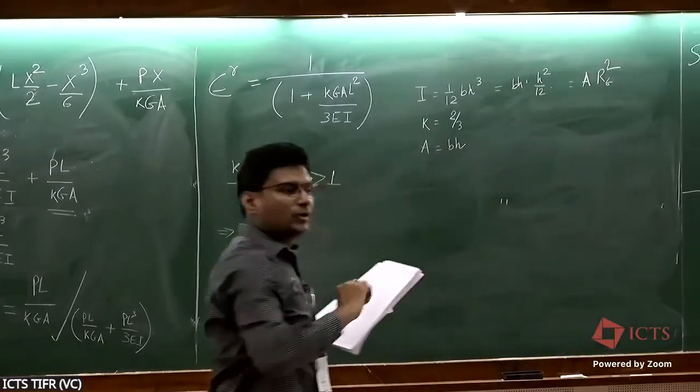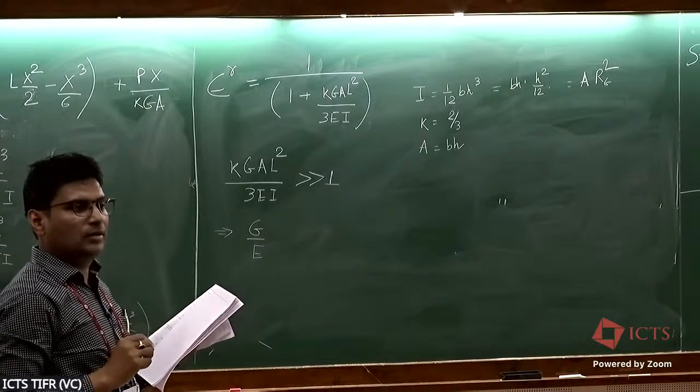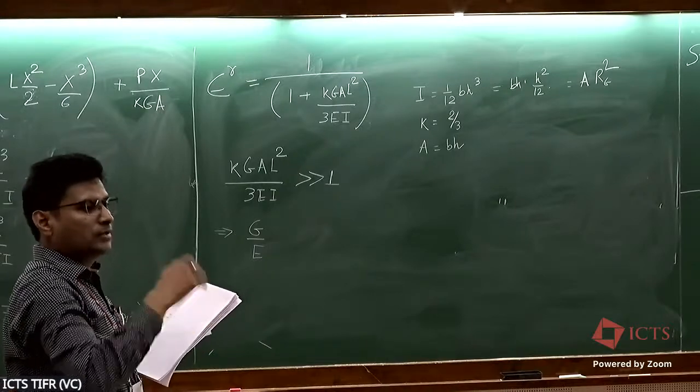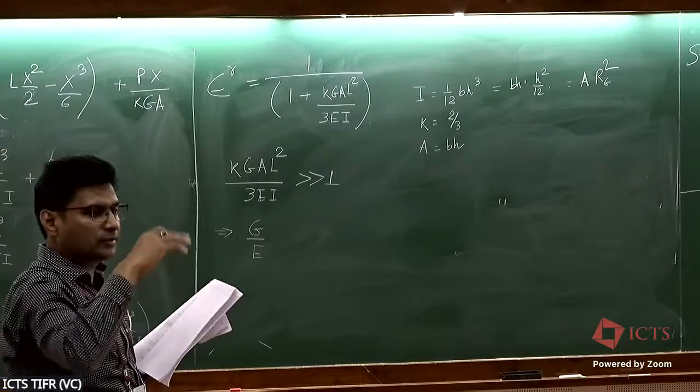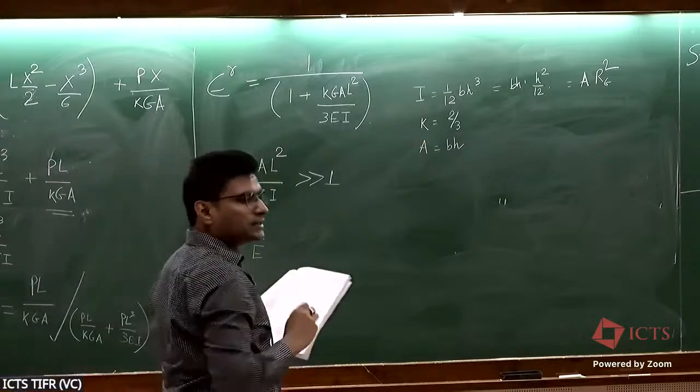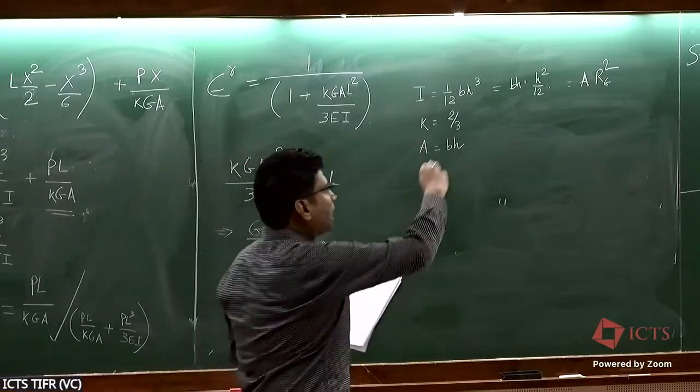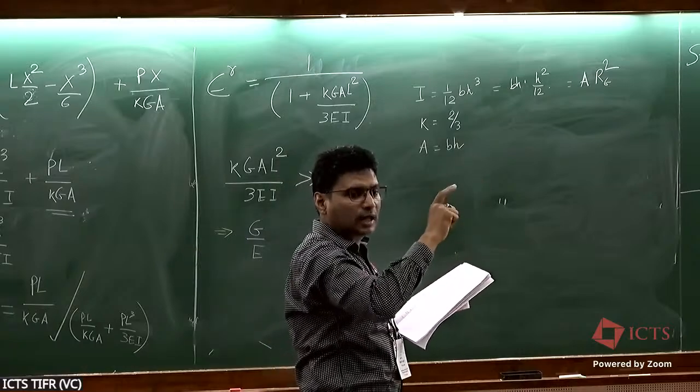You know, that's how we deal with second moment of area: area times radius of gyration square, the equivalent radius for which you get the same second moment of area. And then RG becomes your cross-sectional dimension.